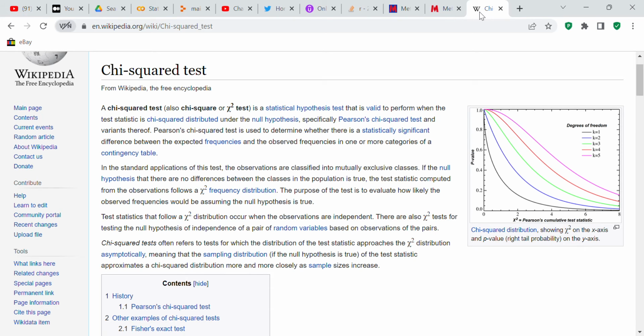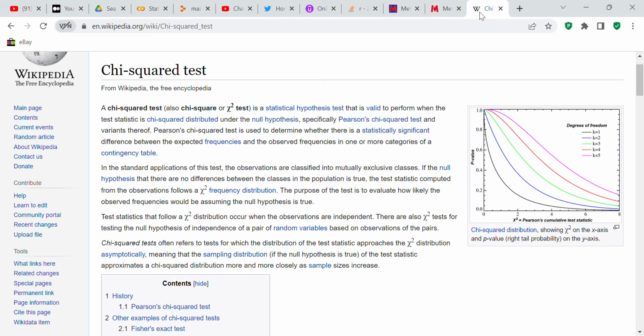Pearson's chi-squared test is used to determine whether there is a statistically significant difference between the expected frequencies and the observed frequencies in one or more categories of a contingency table. In the standard applications of this test, the observations are classified into mutually exclusive classes.